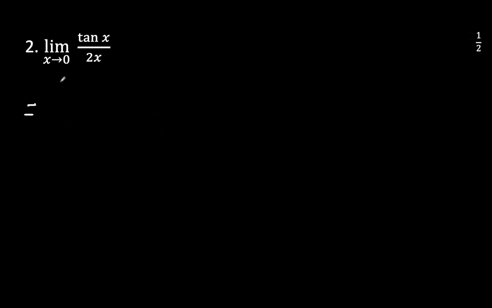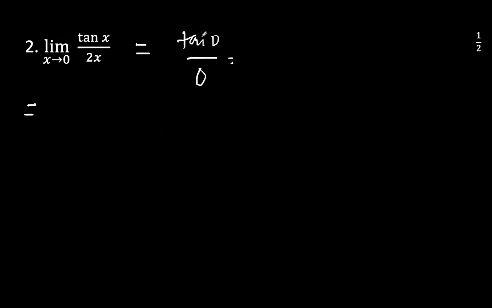For us to use theorem number 1, we can convert tangent to sine and cosine functions. If we do a direct substitution, since 0 is part of the domain of tangent x, what we will get is tangent 0 over 0.